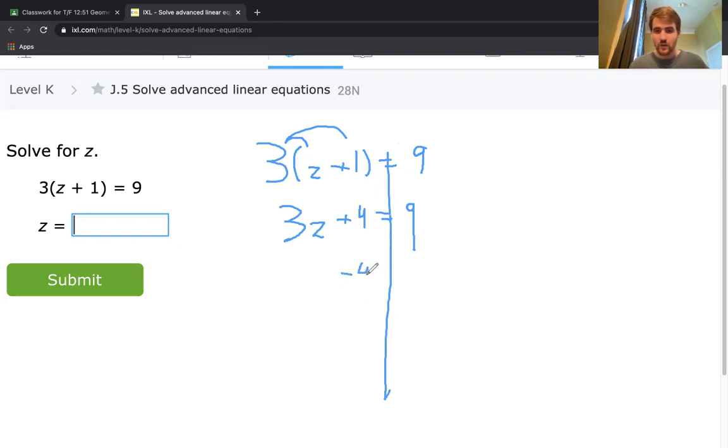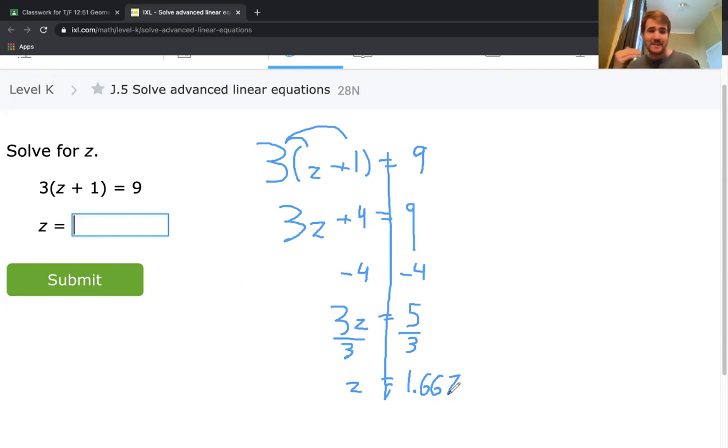Minus 4 to cancel out the plus 4. 3z equals 5, divided by 3, divided by 3. And we get z equals 1.667, or 1 2/3.